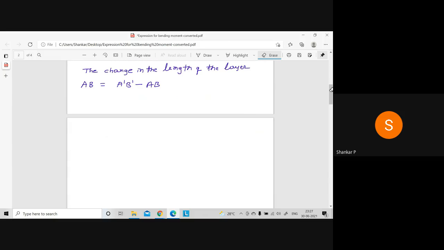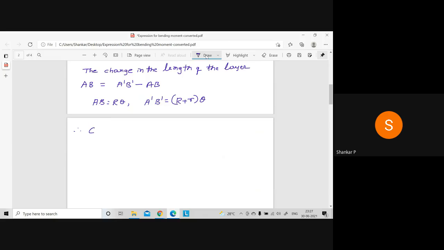Hence, we can write AB is equal to R theta, whereas A dash B dash is equal to (R plus r) into theta.